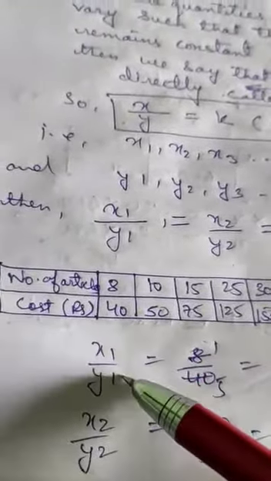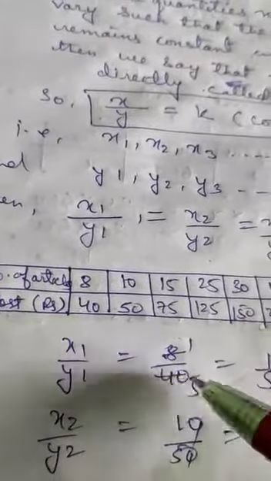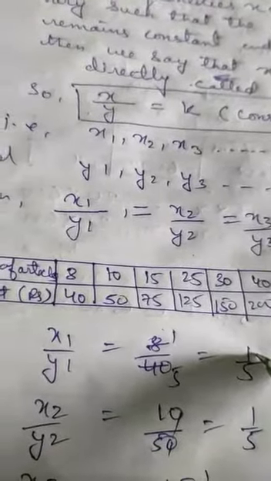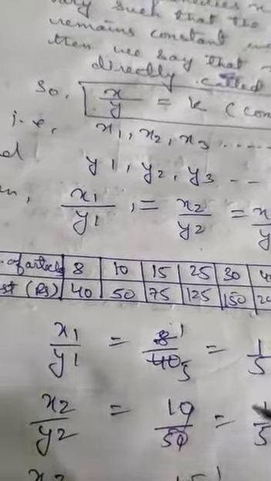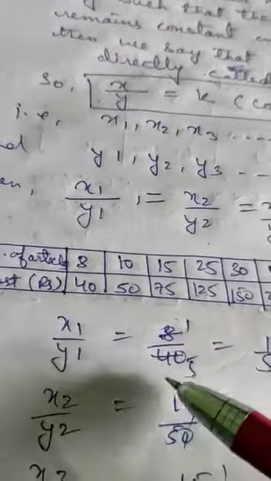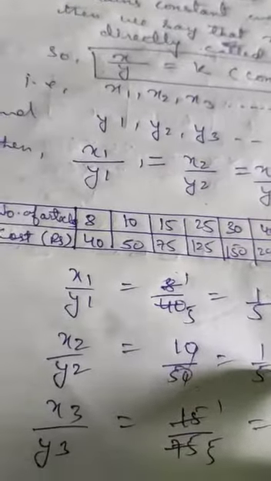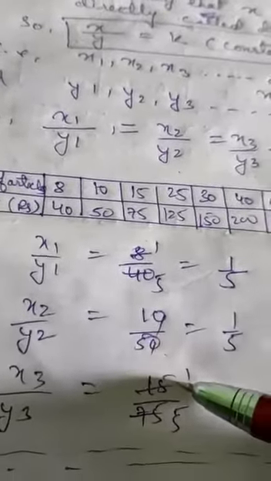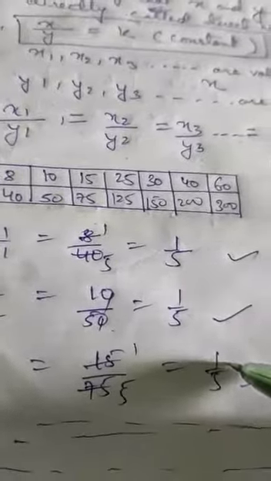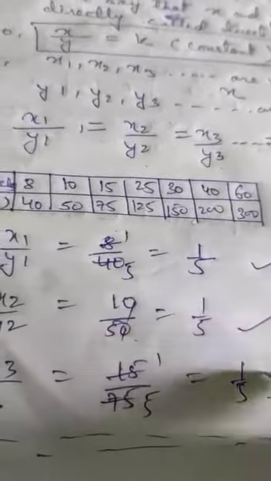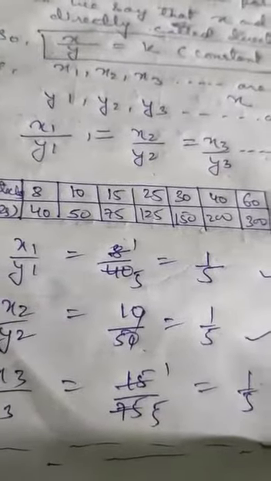Now X1 by Y1, 8 by 40 is 1 by 5. Will we get a constant value or not, let's see. Next X2 by Y2, 10 by 50, 1 by 5. 15 by 75, 1 by 5, means we will get a constant value, children. It will not vary.